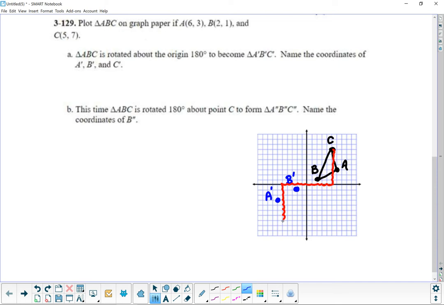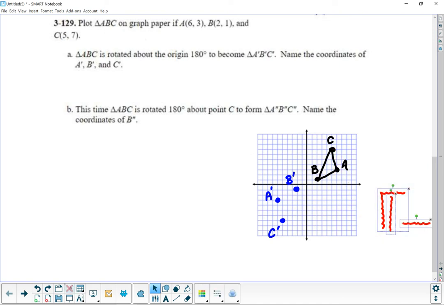So that's where point C prime would sit. Okay, and that is my new triangle A prime, B prime, C prime, which has been rotated 180 degrees.